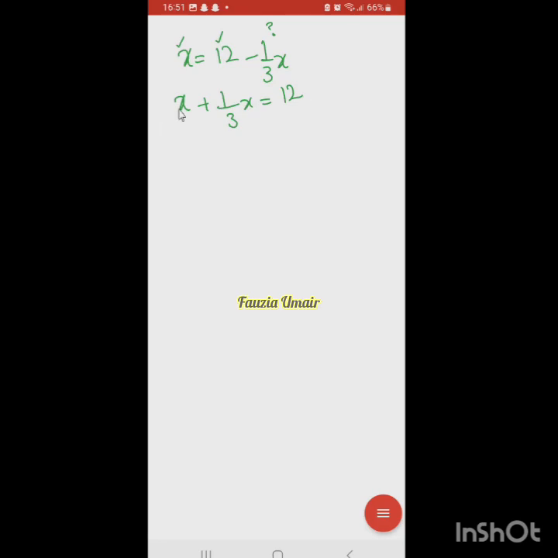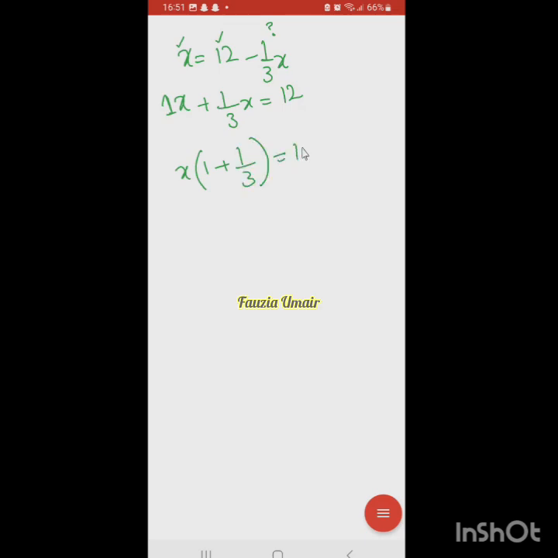Now what is the coefficient of this x? Amrish, what is the coefficient of x when it is not written? 1. So now it's up to you if you want to take x common. So this will be 1 plus 1 by 3.